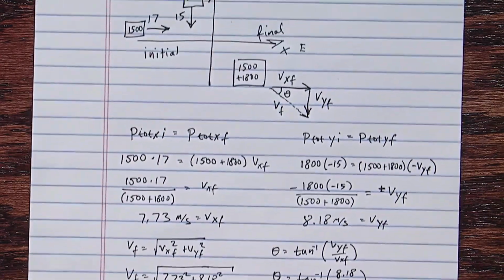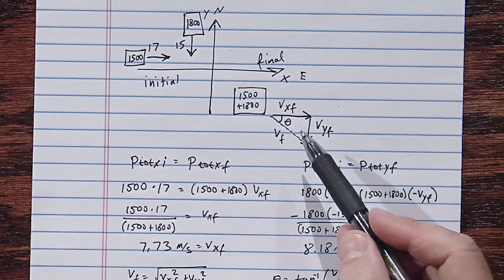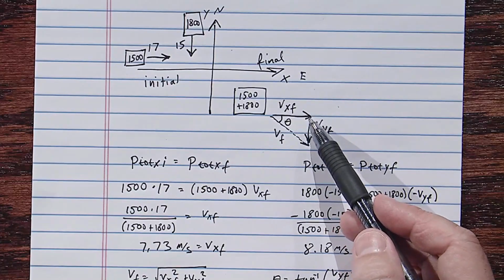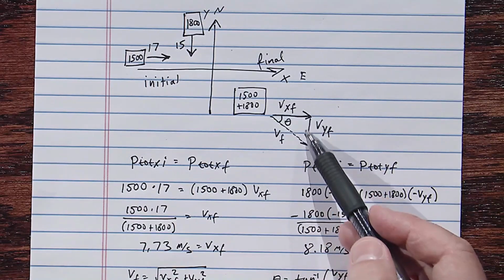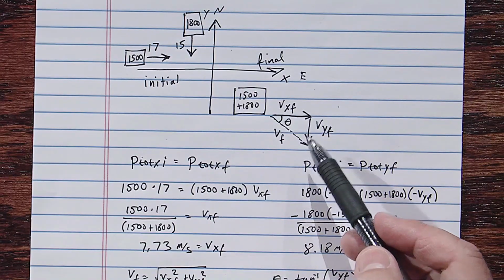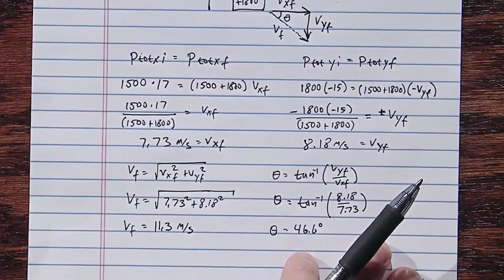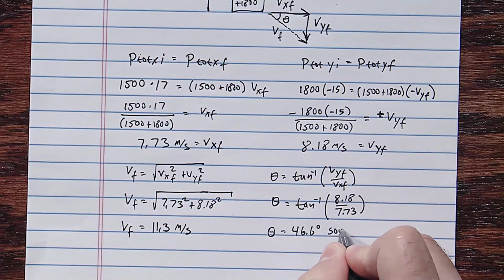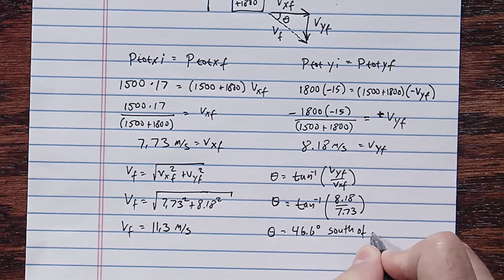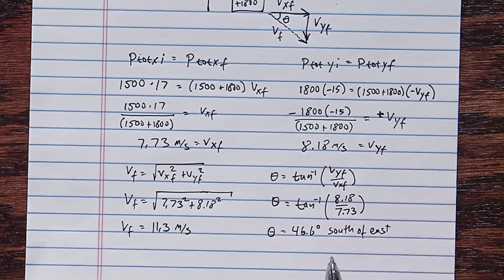And we have to note that it is 46.6 degrees south of east. This would be east, and it is south of east, or 46.6 degrees below the x-axis.